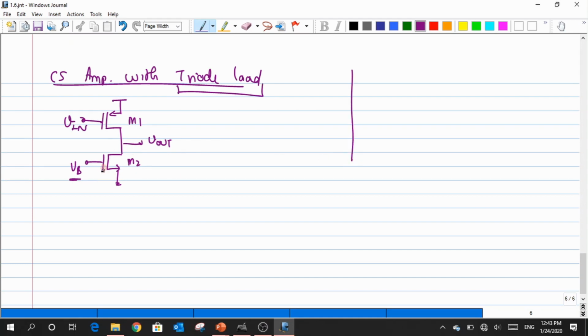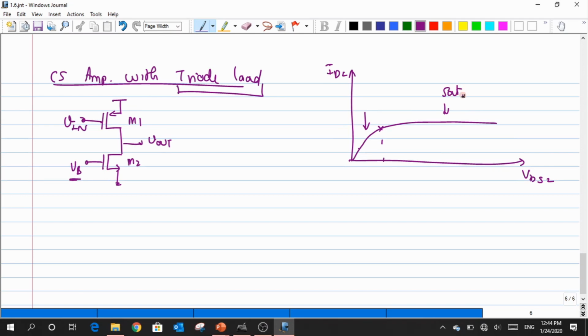So let me plot this ID versus VDS graph. The reason why I chose this load as an NMOS is just because I can plot it easily. Now, for any value of VB that I choose, there are possibilities that I can enter into any of these segments. But I want to make sure that my transistor is operated only in this particular region and not in the region where it gets into saturation.